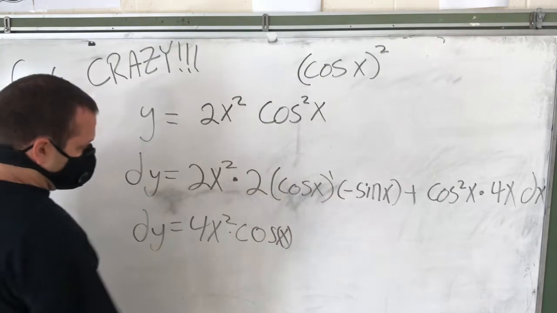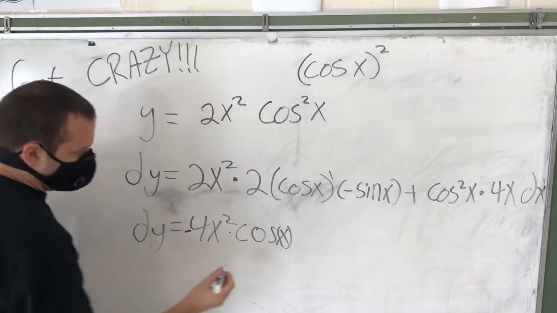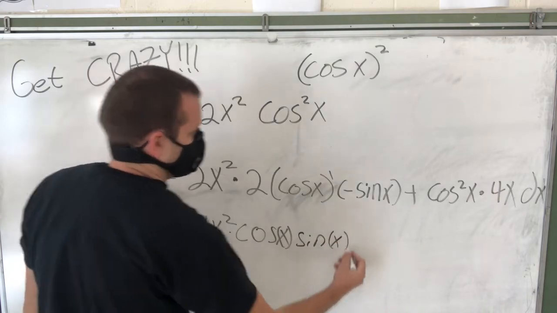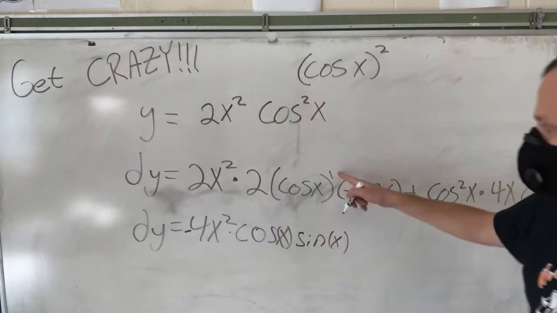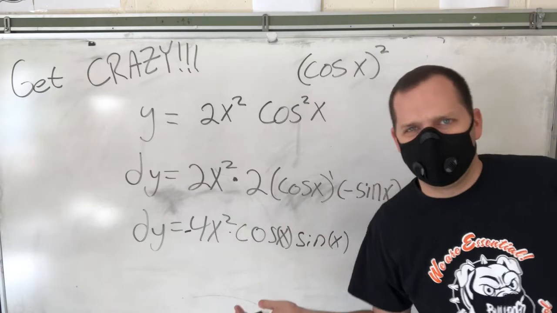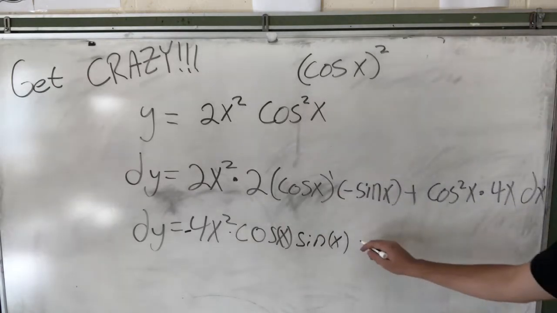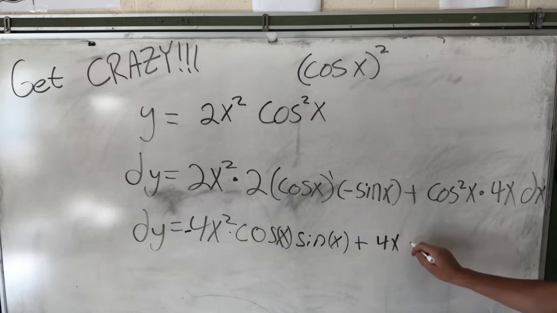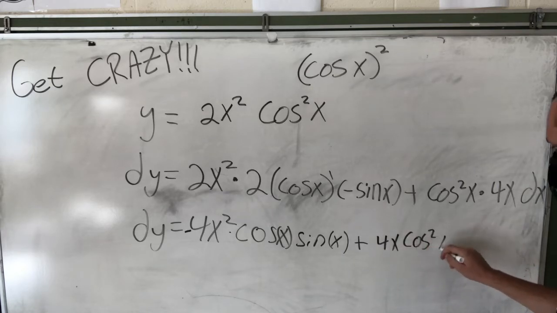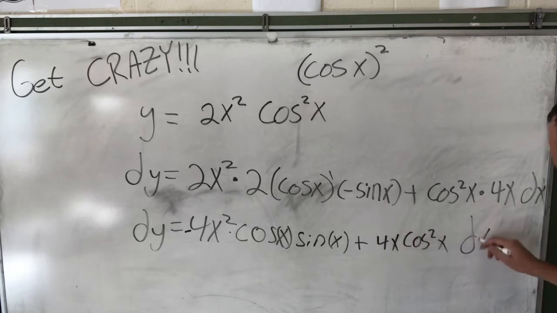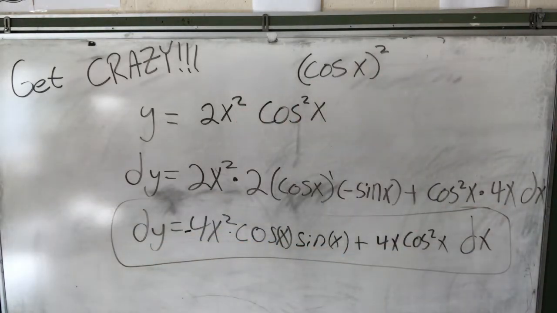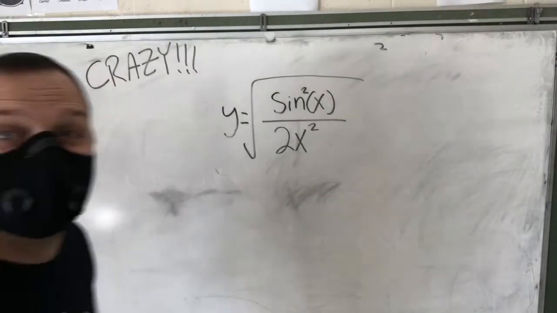The negative from the sine x, I'm probably going to put in front of this 4. We've got sine x then. Now, like I said, the 1 I took off because if you just have an exponent of 1, that doesn't really matter at all. Plus, over here we've got 4x cosine squared x, okay? dx. Ta-da!